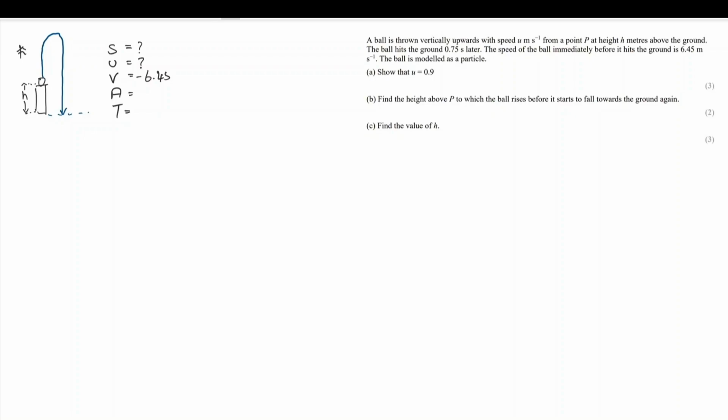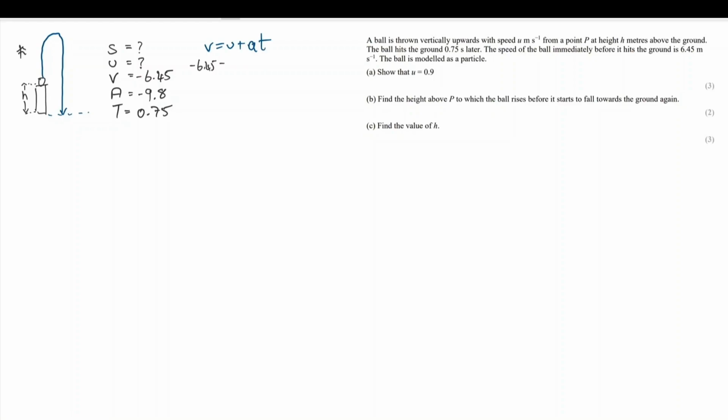We need to be very careful here and make sure we make that negative for the velocity because it's moving in the opposite direction to our original movement. So the velocity here should be negative 6.45. Acceleration, as always, is going to be negative 9.8, and we know that the time when it hits the ground, 0.75 seconds later. The formula to use here to find u is going to be v equals u plus at.